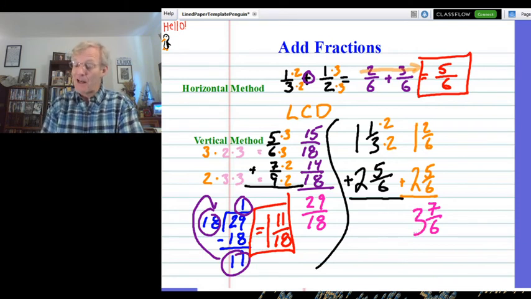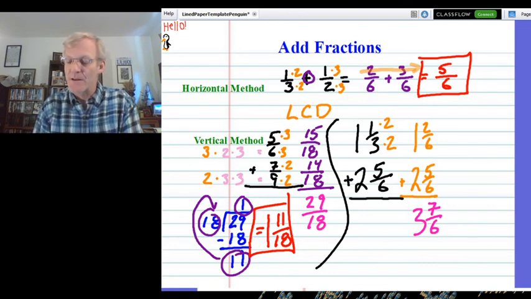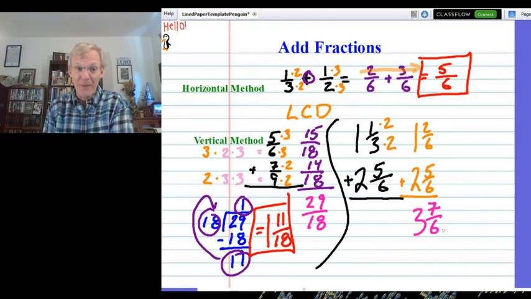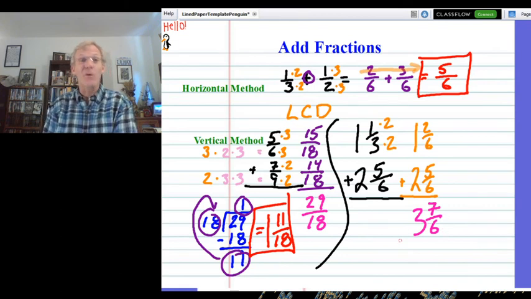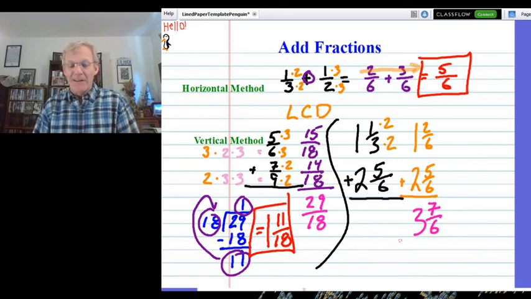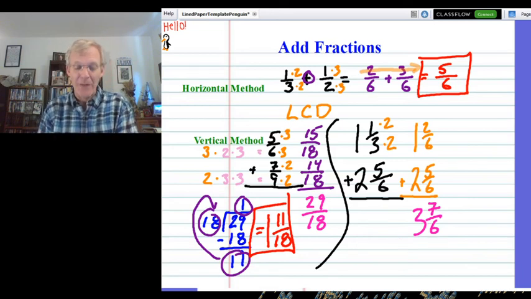Now, you notice I haven't finished the problem here. It's not in a red answer. So why is that? Right. This is top-heavy again. We have a mixed number with an improper fraction. No. Can't have that. So let's kind of forget about the 3 for a minute. How many times does 6 go into 7?